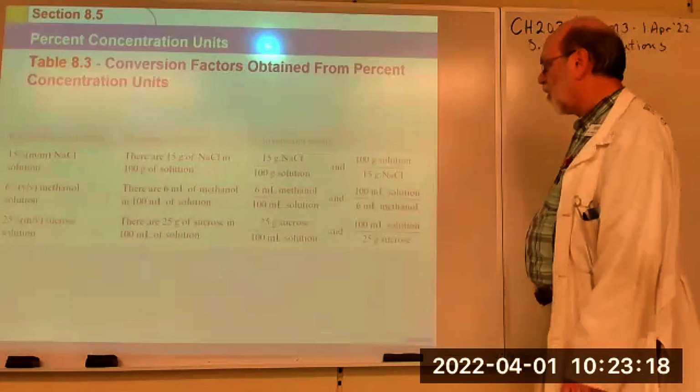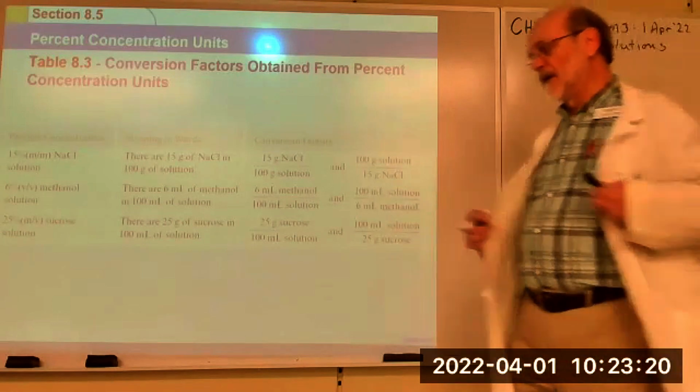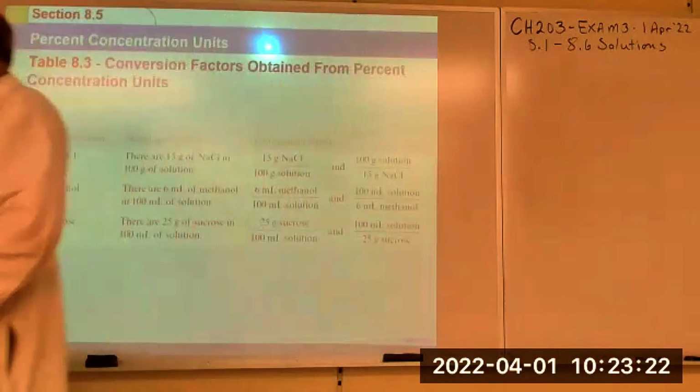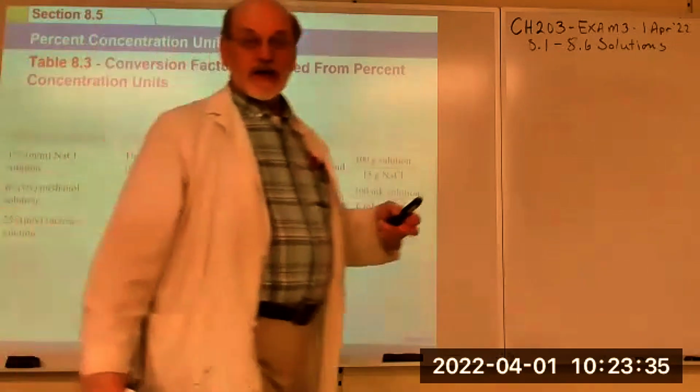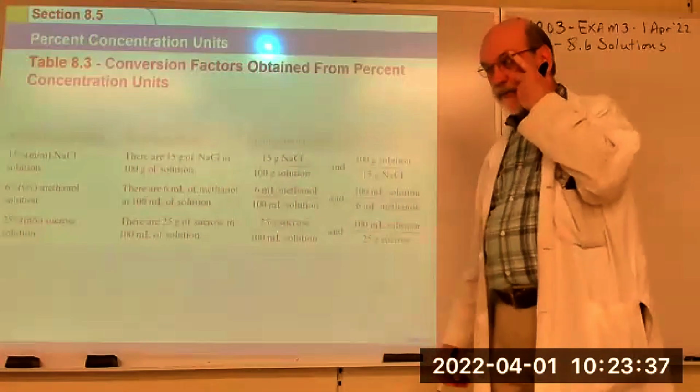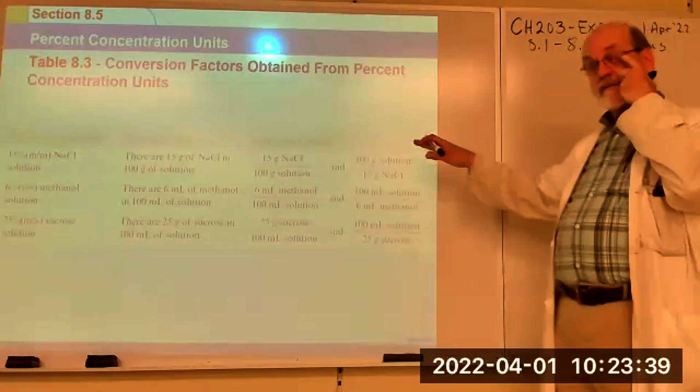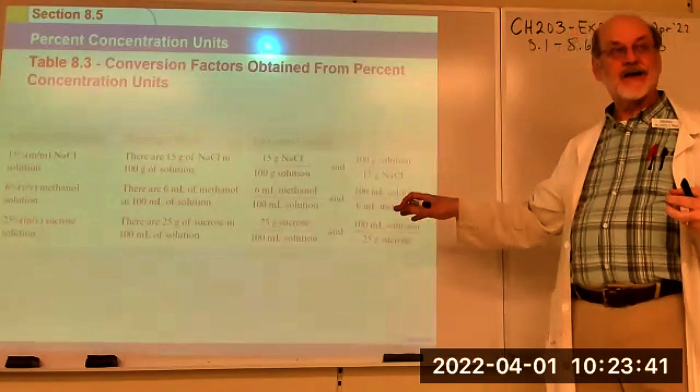Conversion factors. Oh, yeah, good point. When we work problems, we've got a ratio in our solution of solute to solution. And whenever you have a ratio like that, it depends on the problem, but one of these could be a conversion factor.